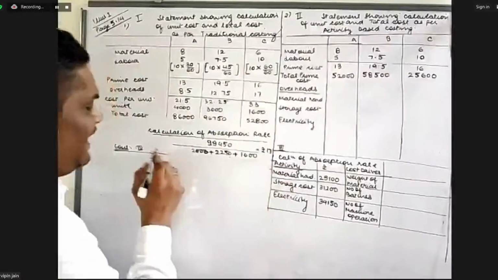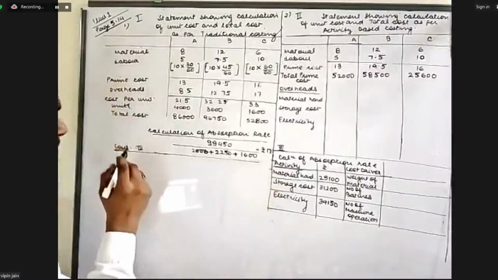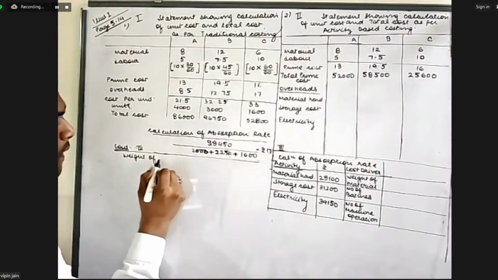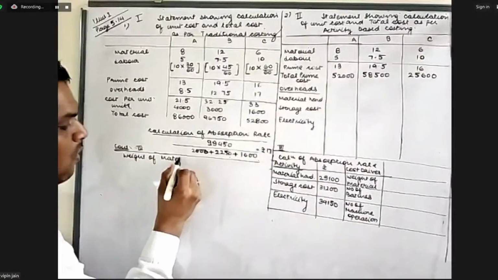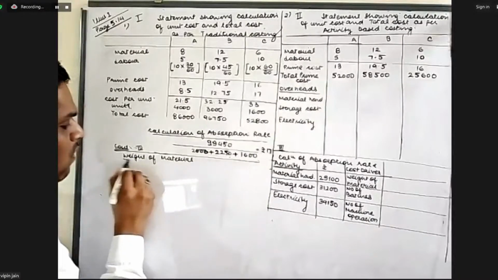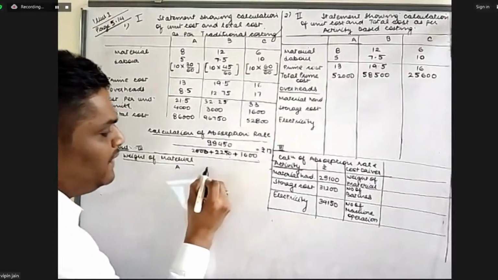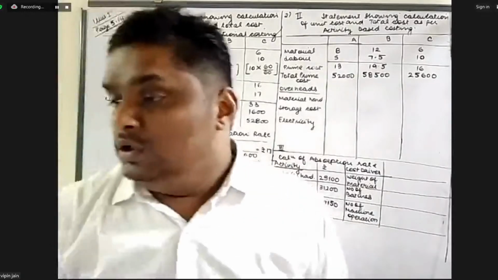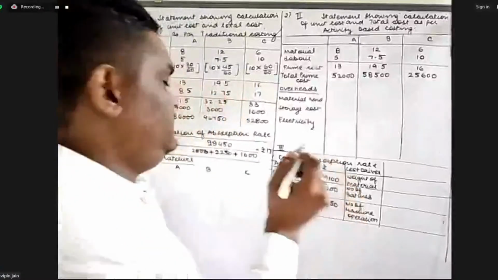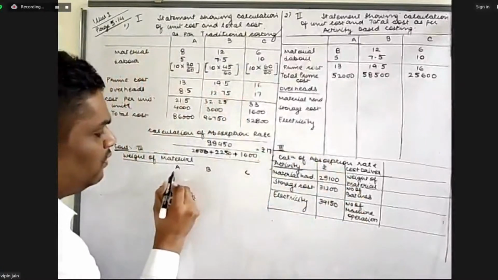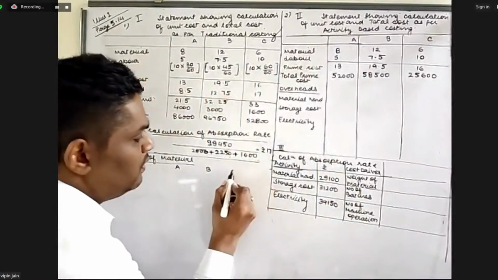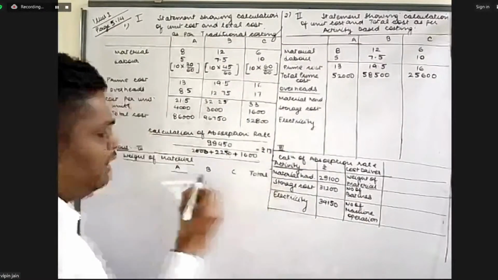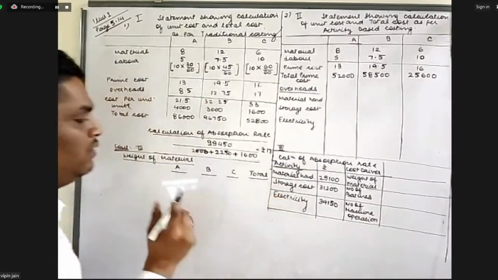So when talking about the calculation of weight of material, for A, B, C, and total.